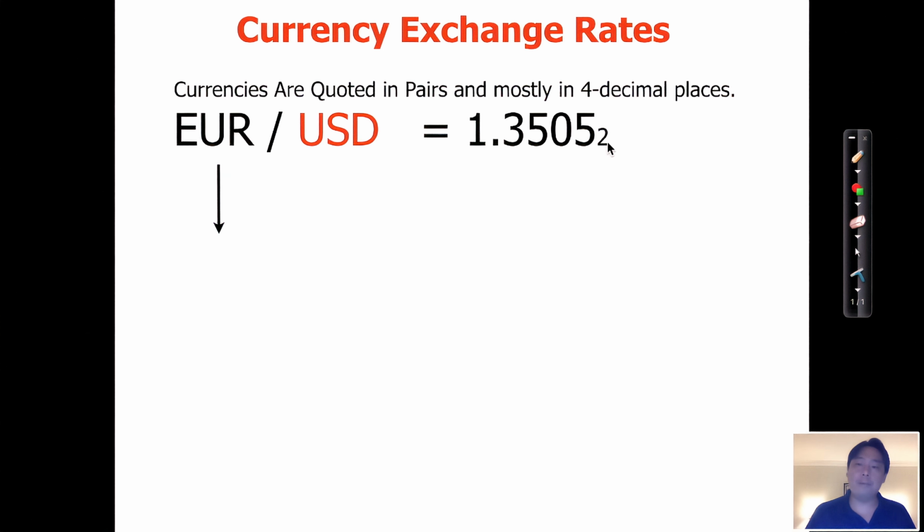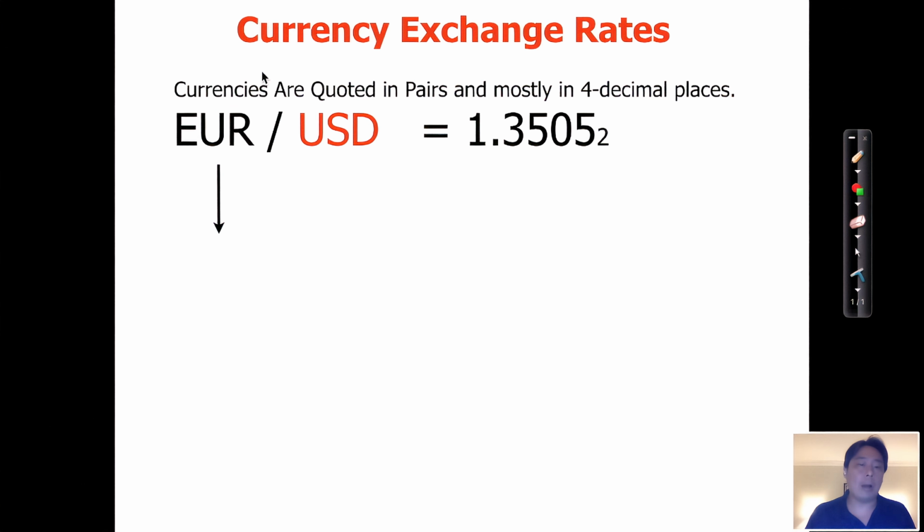The 5th decimal place is known as a fractional pip, and we do not care about that. It's too small to worry about. We're looking at the 4 decimal places. The last decimal place represents a pip, and I'll talk about that in a short while.